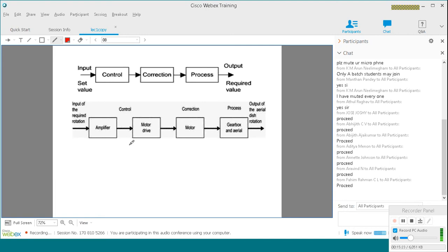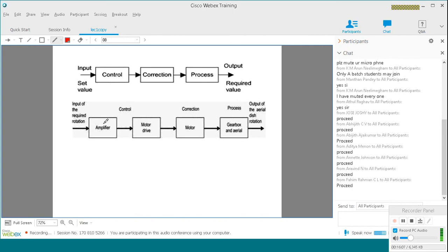Another example of an open loop system is where you are adjusting the rotation of an aerial dish to receive the satellite signal. In this case, the input is the required rotation, that is, in what direction our aerial dish should be oriented. To achieve this purpose, you will give a command and actually you will be using an amplifier to drive the motor, which is the correction element in this case.